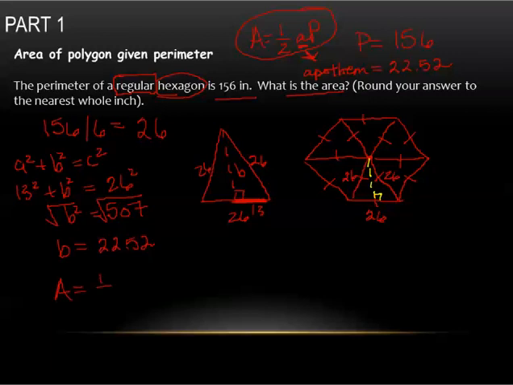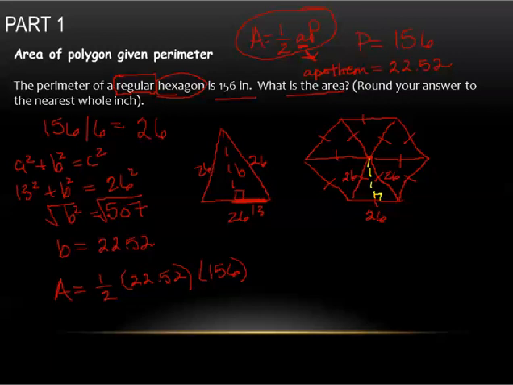So my area is going to be half my apothem, which is 22.52, and my perimeter is 156. All you have to do is plug all that into your calculator.